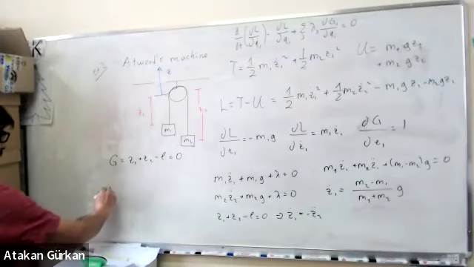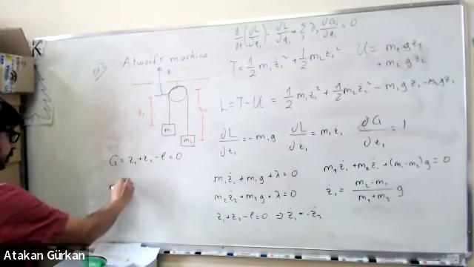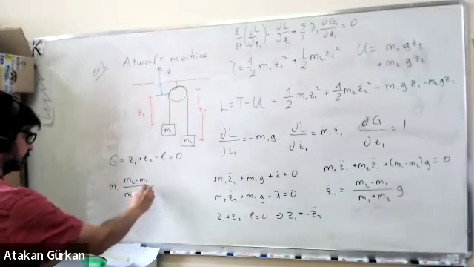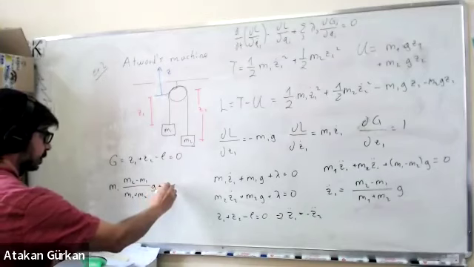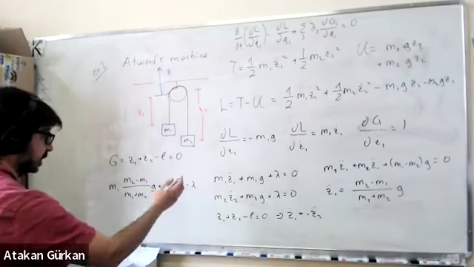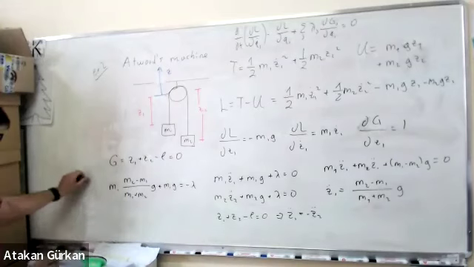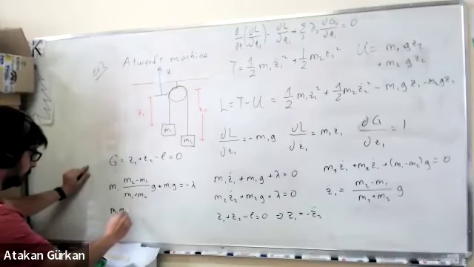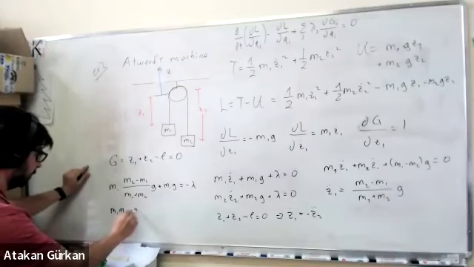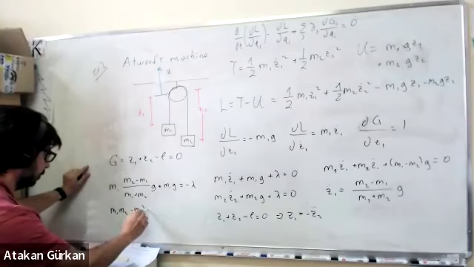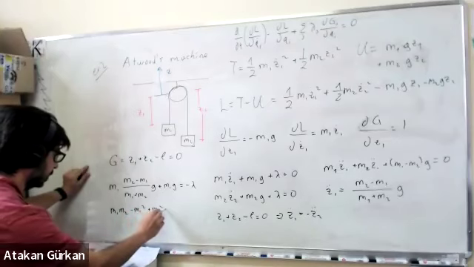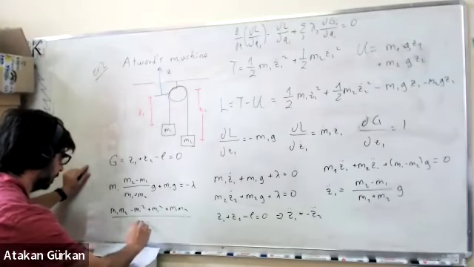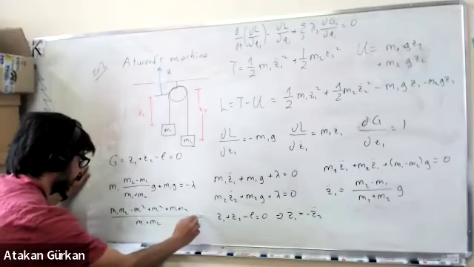So M1 times (M2 minus M1) over (M1 plus M2) G plus M1G is minus lambda. Let's keep it this way. So this one becomes M1, M2 minus M1 square plus M1 square plus M1, M2 over (M1 plus M2) G is equal to minus lambda.